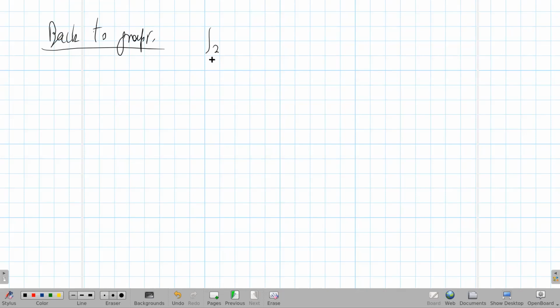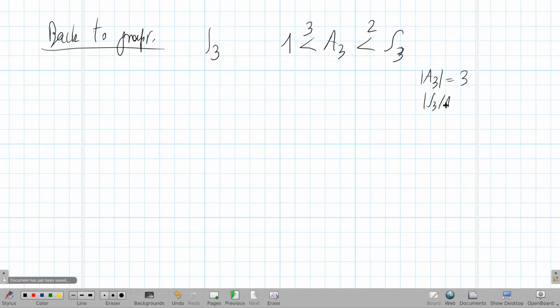So if I take S3, I have this composition series 1, then A3, and then S3. And I write here 3 and 2, meaning that the order of A3 over 1 is 3, and the order of the quotient group S3 over A3 is 2.